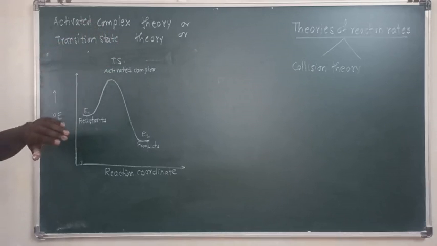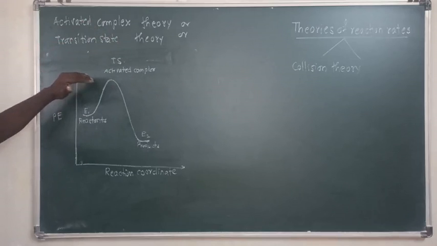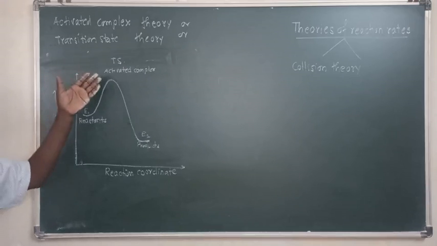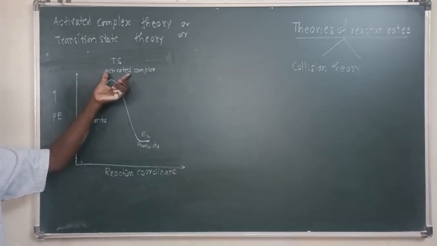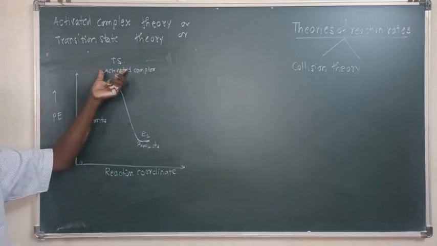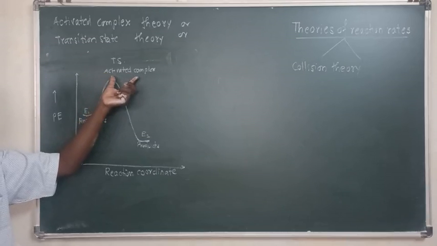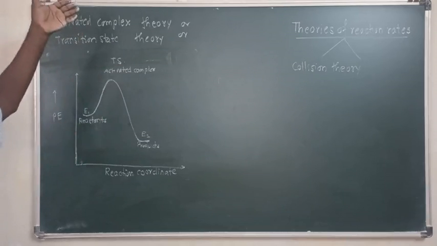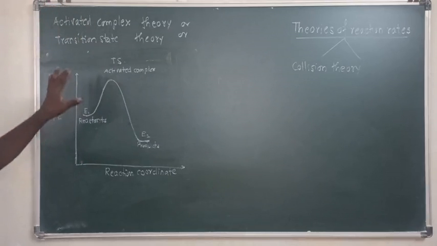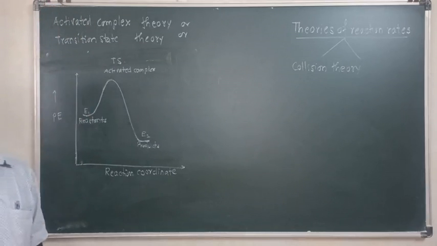In this case, the transition state or activated complex is formed. The reason is that its energy is high, so it is highly unstable with a very short lifetime. Therefore, this theory is called activated complex theory or transition state theory.